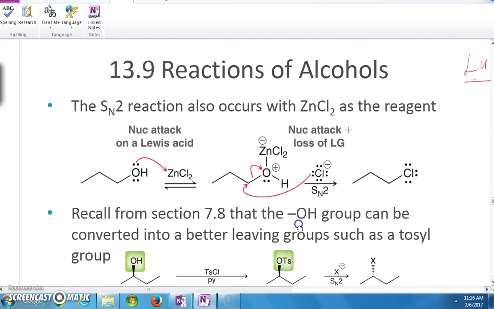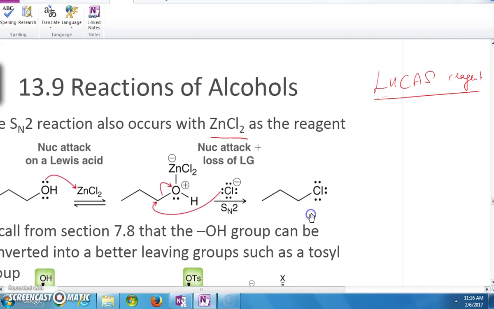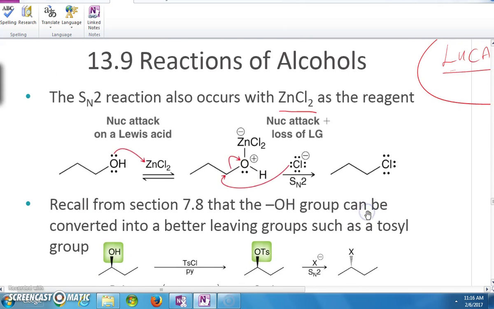Now the SN2 reactions also occur in the presence of zinc chloride as the reagent. If you remember the Lucas reagent, it's a combination of the alcohol and zinc chloride in the presence of hydrochloric acid.